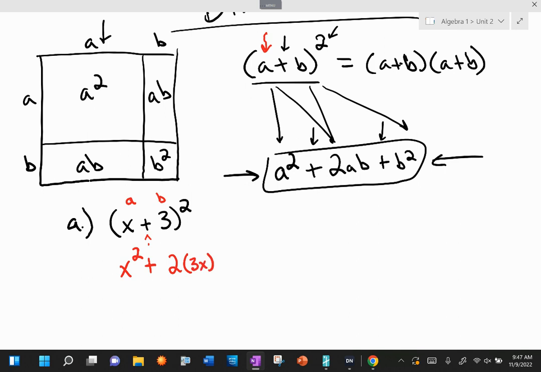And then the last term, what's b? 3, so it'll be 3 squared, which we'll figure out in a second. So this is your first line right here. And now we just have to simplify. So I've got x squared plus, what's 2 times 3x? 6x. And what's 3 squared? 9.